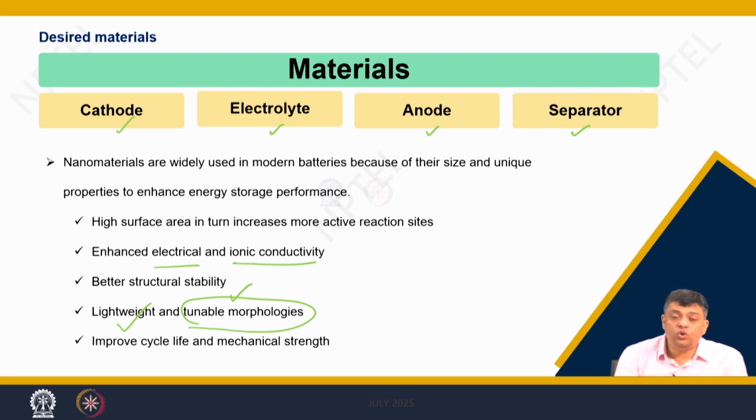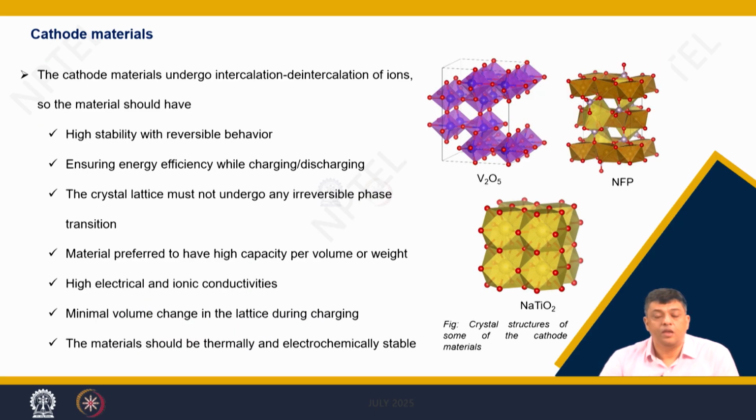You can tune the material itself, you can tune the anode materials, the cathode materials, nature of separator, or you can even have electrolytes which are aqueous or non-aqueous electrolytes, and tune the porosity or ionic pathways in these electrolytes, and then you can modulate the storage capacities in these batteries. Once you do that, you can improve the cycle life while maintaining the mechanical integrity of the batteries.